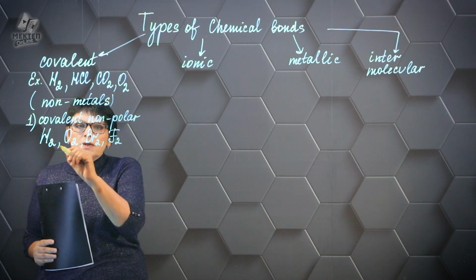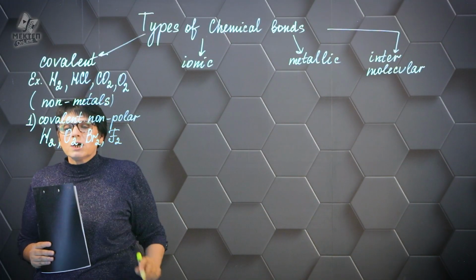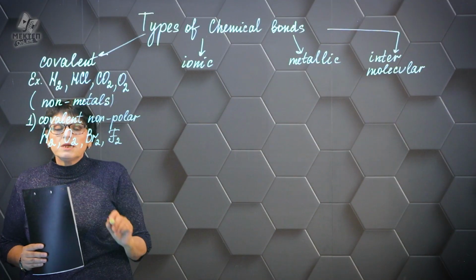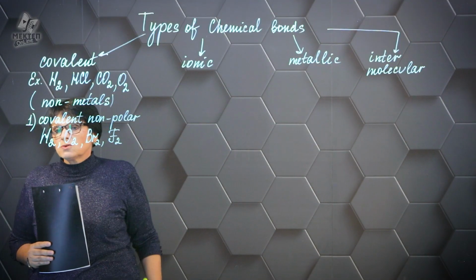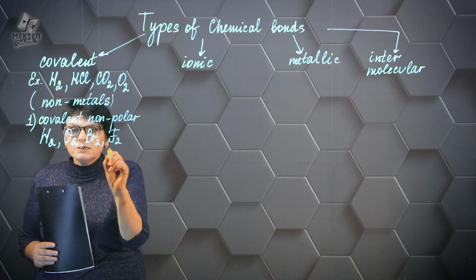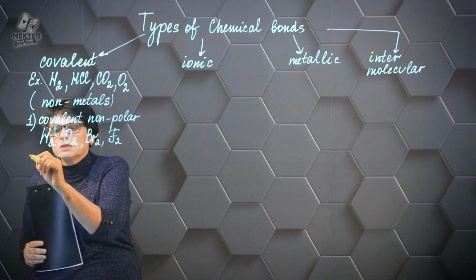It's easy to see that a covalent nonpolar bond occurs when there's only one element involved. We'll refine this definition a little bit later, but based on the examples I've given, one particular element is always involved, that is hydrogen, oxygen, and so on.